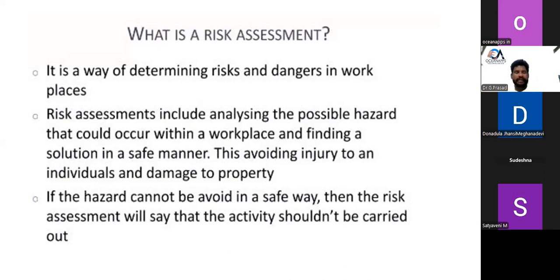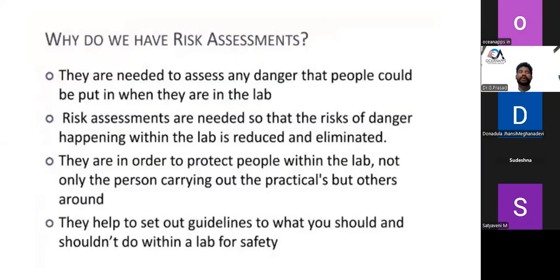If the hazards cannot be avoided in a safe way, then the risk assessment will say that the activity should not be carried out. If the situation is not under our control, then the risk assessment is very tough for us. Why do we have a risk assessment?